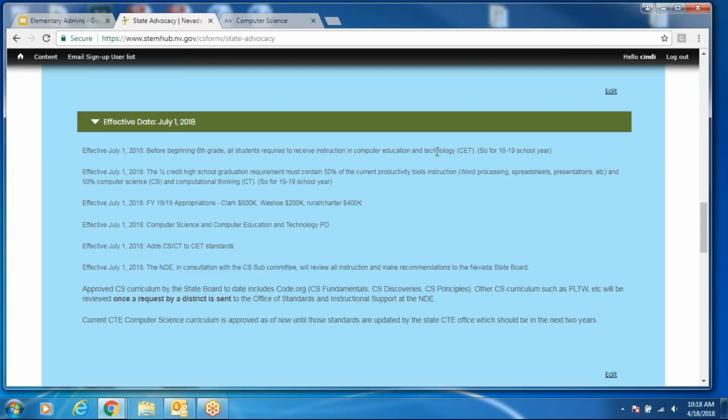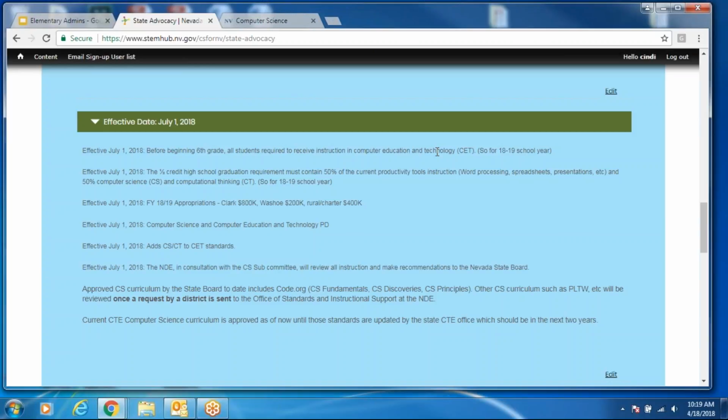So this would include simple keyboarding skills, how to navigate on the computer. Some of our students are really good at swiping. They're good at using the phones and the iPads and so forth. Sometimes our little kindergartners don't know how to use the mouse. Those are simple things that we need to incorporate, and I'll go into a little bit of detail on what computer education technology means. But that's our K through 5.